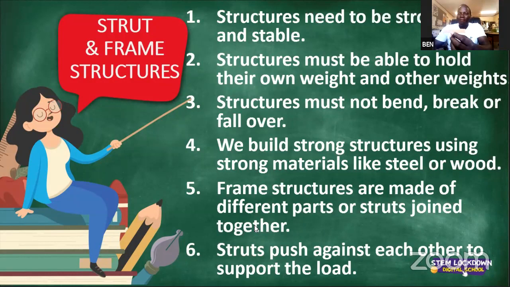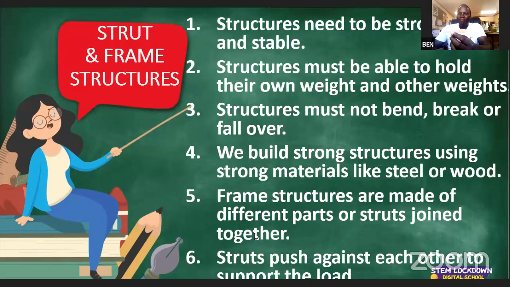Now, let me join with another piece. And these two pieces now form a frame after I just joined them together. I can still join another one here to complete maybe a triangle frame.